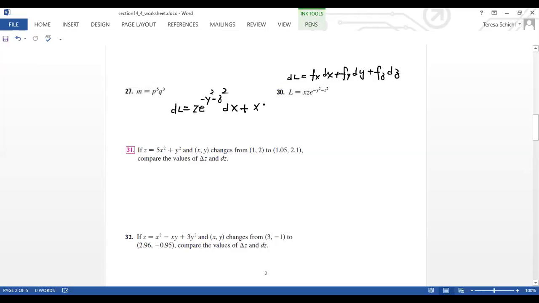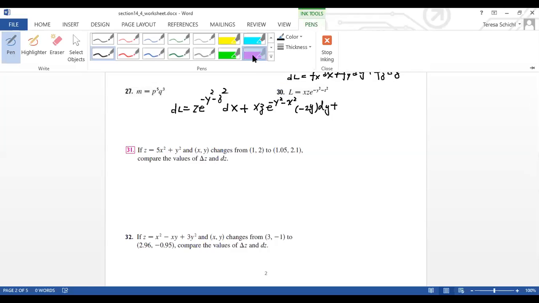Okay, so this is xz e to the negative y squared minus x squared, then negative 2y. Don't forget the chain rule, right? And then this is dy, and then plus the z.